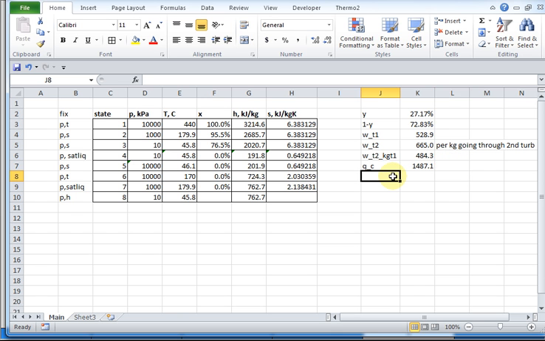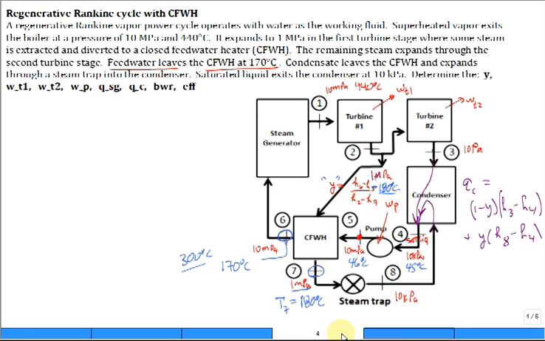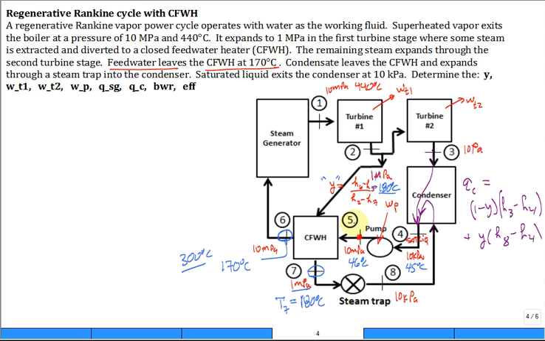Let's do this one. What's the work of the pump? Well, is that going to be the H5 minus H6? That many kilojoules per kilogram? Yeah? Okay, take a look at the illustration again. 4 to 5.